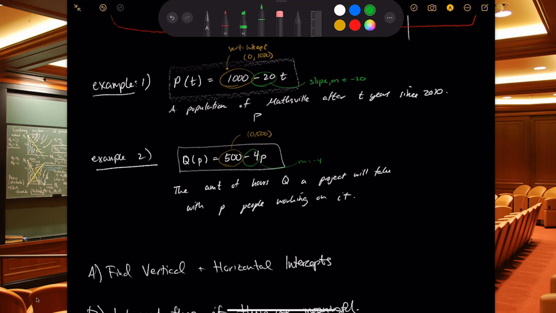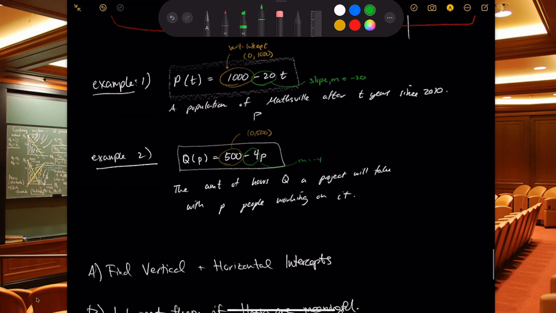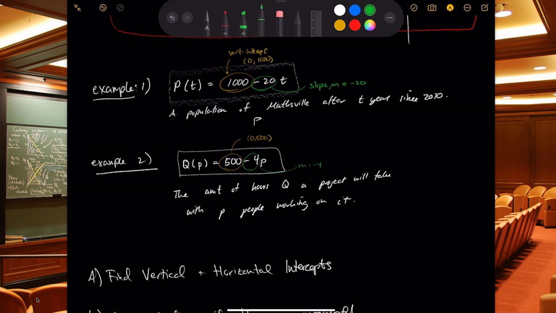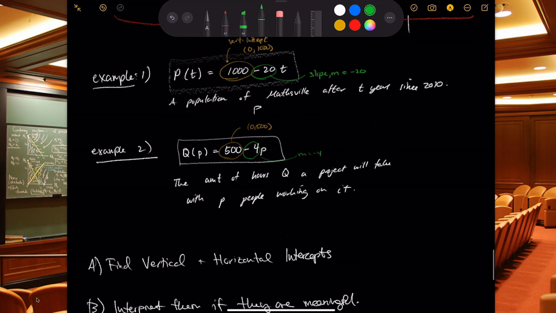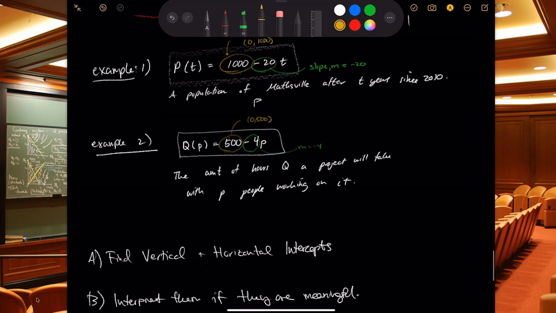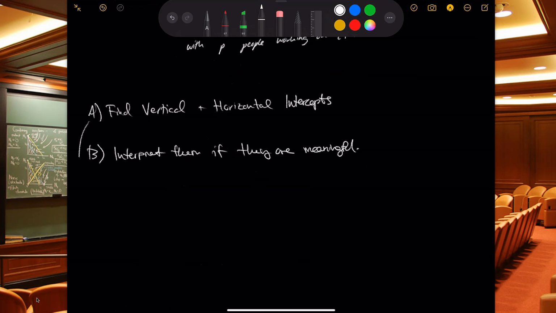So first of all, we know just from the form of this thing that the vertical intercept is right here in yellow for each. But I want to do this in the general case because sometimes it's not always written this way. So find the vertical intercept. For example 1, the vertical intercept is when the input equals 0.